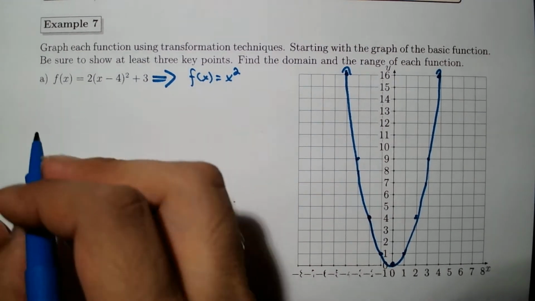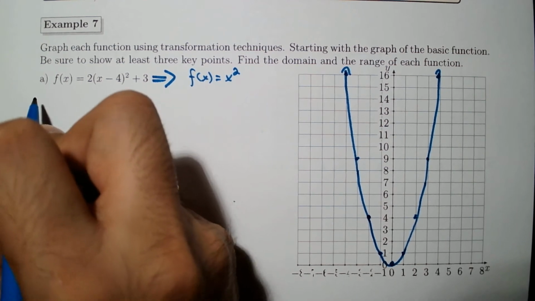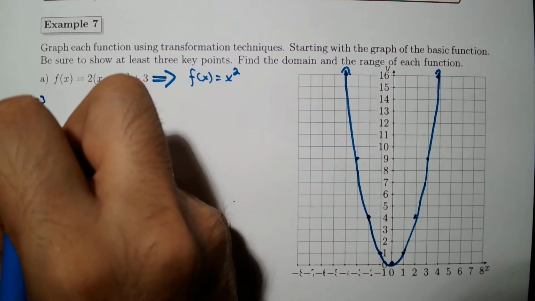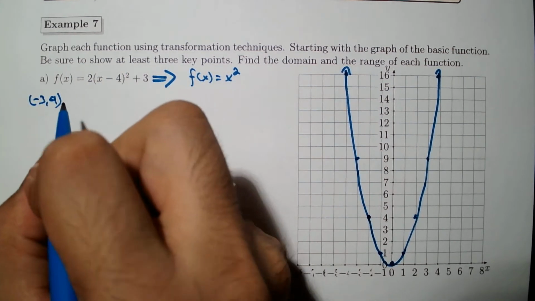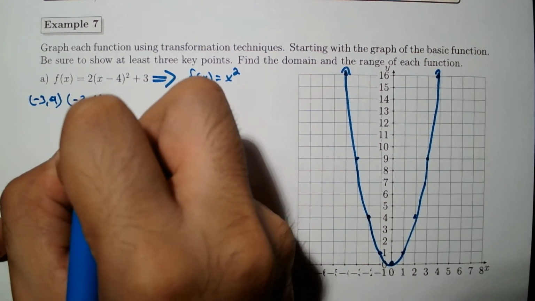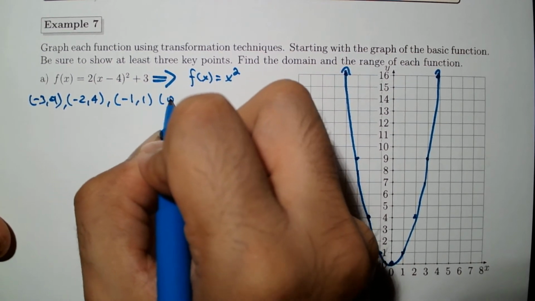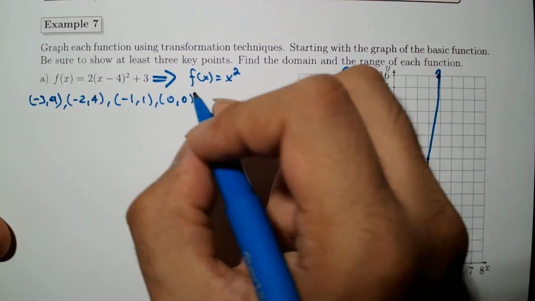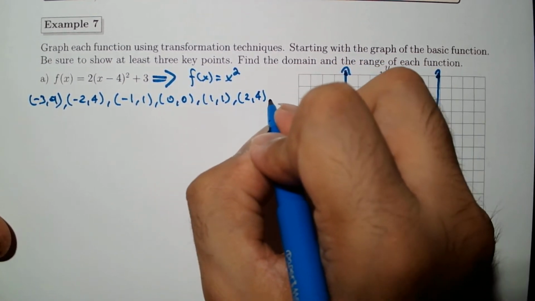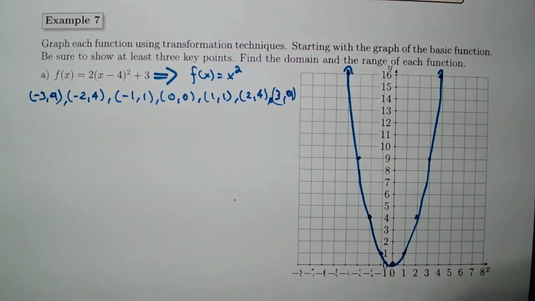The points are -3, 9, -2, 4, -1, 1, 0, 0, 1, 1, 2, 4, 3, 9. Okay, so all these points.